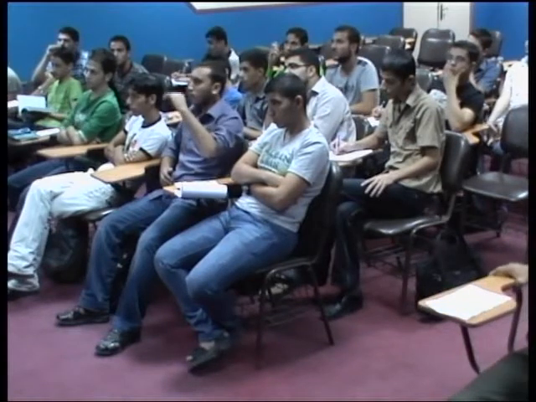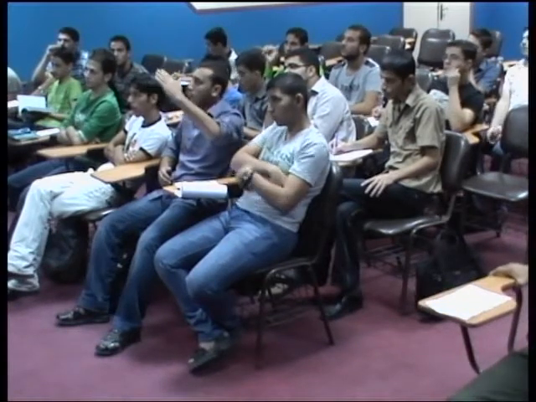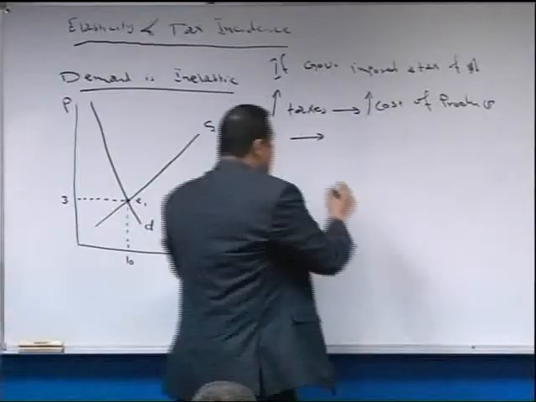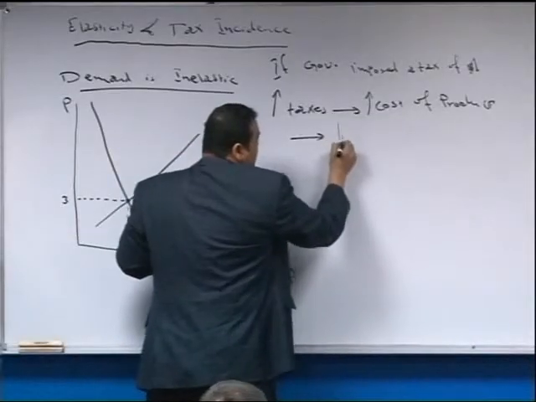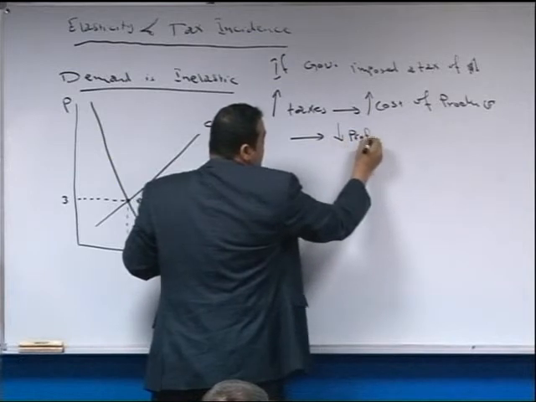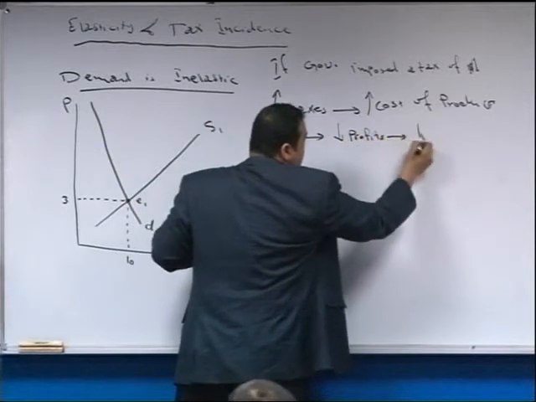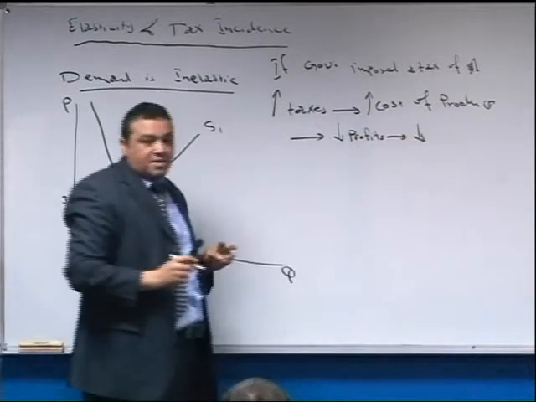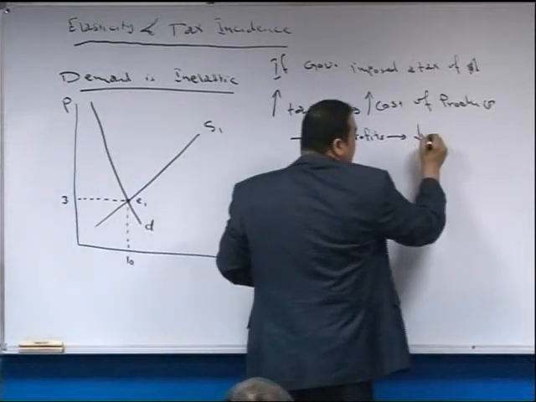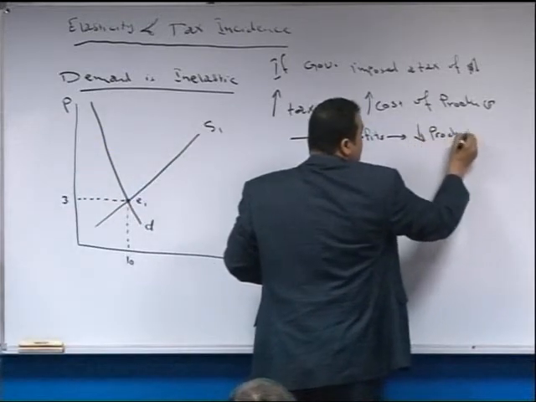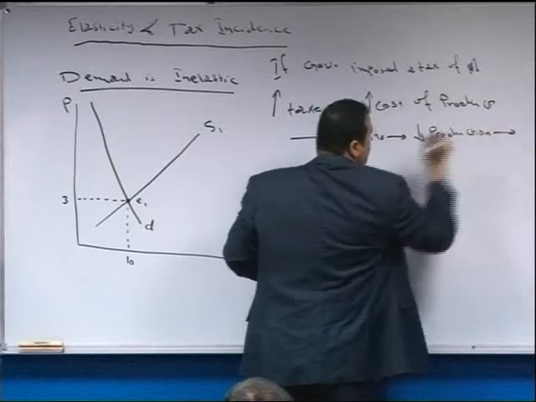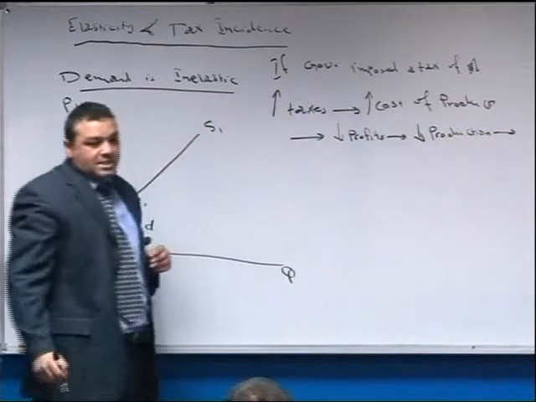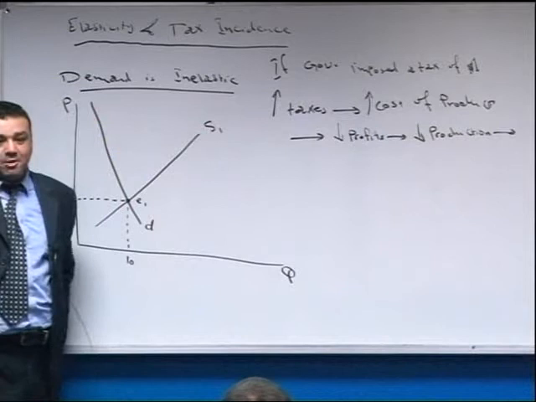And therefore shifting supply. Excellent. So this leads to a reduction in profits, a reduction in the ability to produce, and then the final result would be a reduction in supply.